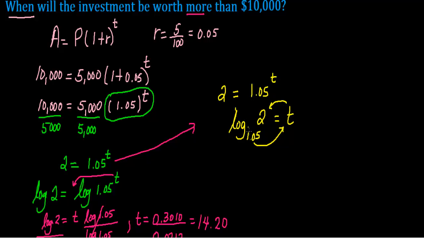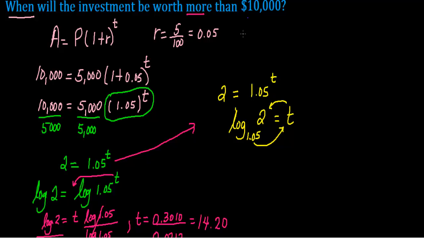Okay, and once you have it like this, and you want to use your calculator to solve it, most calculators will not have a base 1.05 log for you to use. Usually calculators just bring a button where you can use log of base 10. So we would have to use the change of base formula to change this log into a base 10 log.